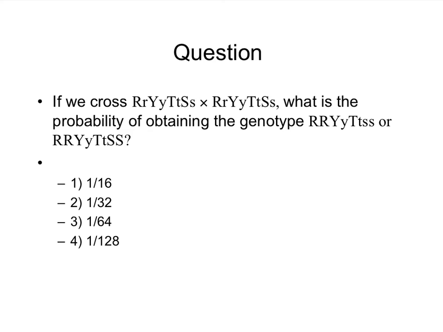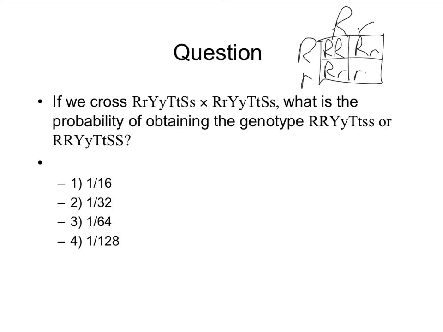Well, the easy way to do this, we would do a little Punnett square to remind us what kind of expectations we would have for each of the heterozygote crosses. What are the odds of getting any one particular one?